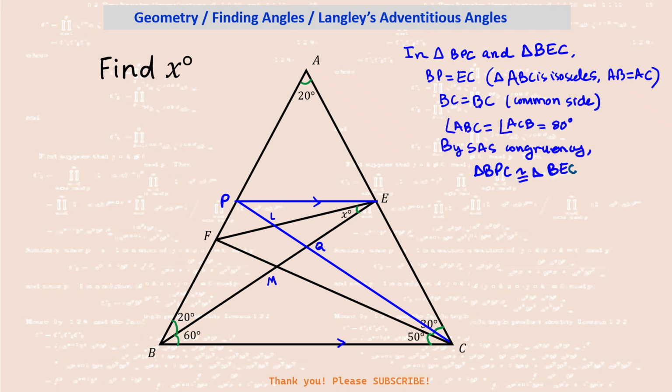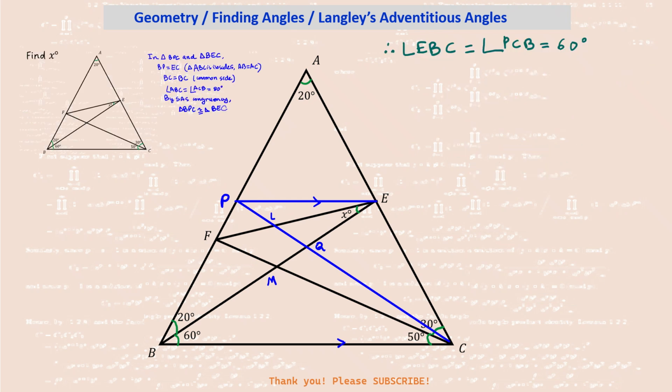This gives us that angle EBC, which is 60 degrees, is equal to PCB. So we get to know what PCB is, 60 degrees.